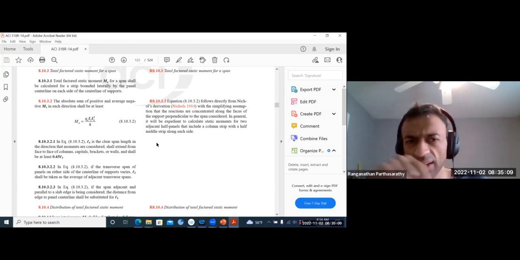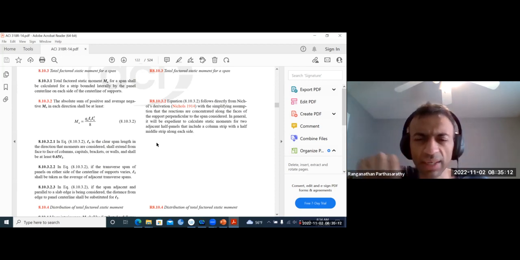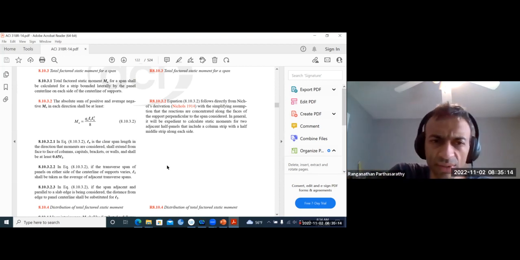L1 is the direction in which you are considering the bending, and L2 is the other direction.